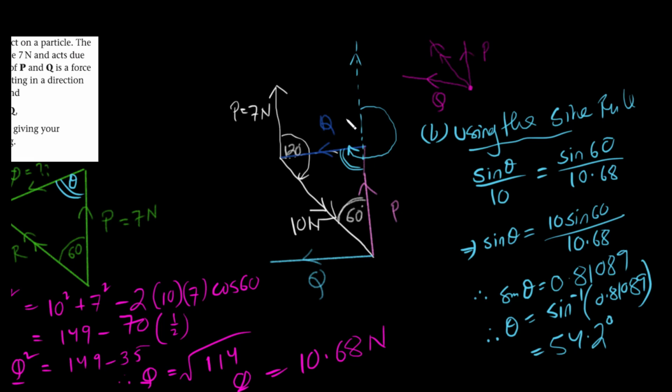That means in terms of bearing, we have to add 180 to it. So 180 plus 54.2 is going to be 234 degrees, the bearing.